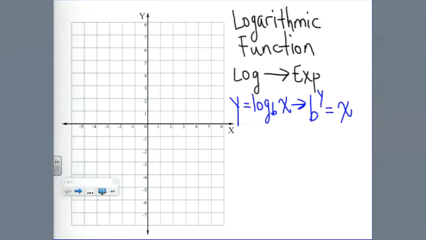So if you have to graph a log function by hand, convert it to exponential form, and then you can easily find points to plug in. So let's look at this log example.